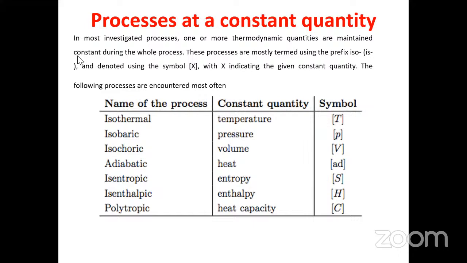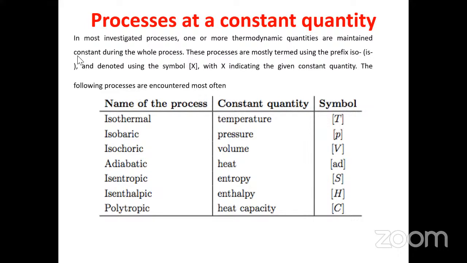If it's taking place at constant heat, then that is adiabatic, and the symbol is just small letters AD. If it's taking place at constant entropy, like I've told you, entropy is the degree of disorderliness of a system, so if the process is taking place at constant entropy, then you call it isentropic.